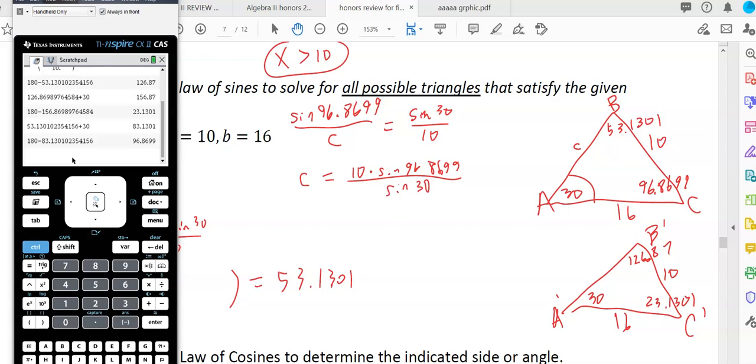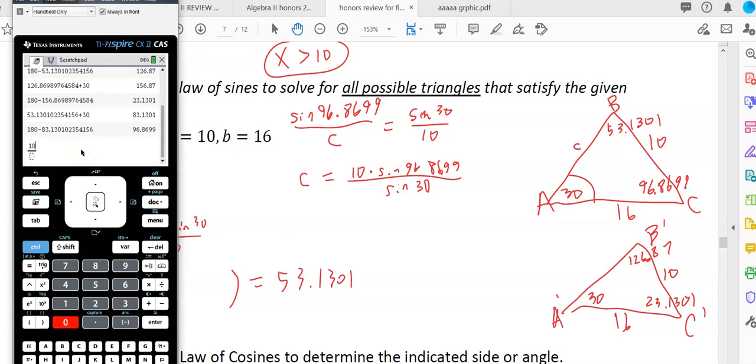So I'm going to type that in my calculator. So that seems reasonable, I think. 19.9724 is this one.